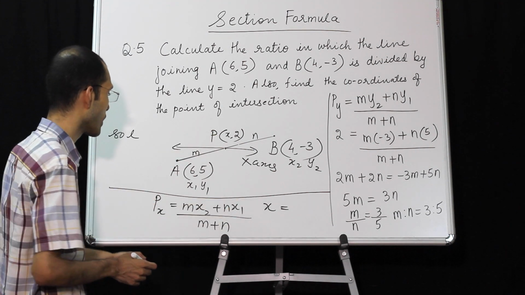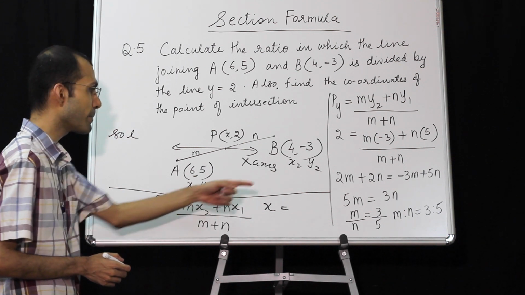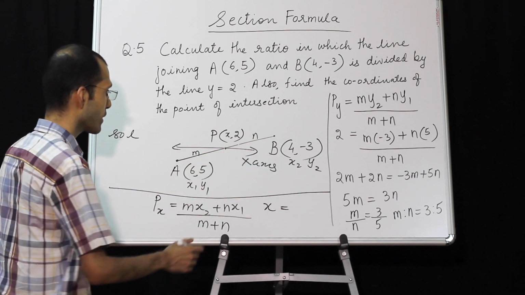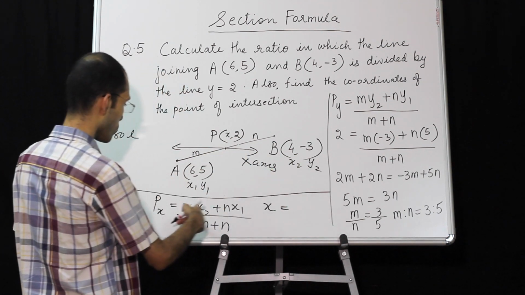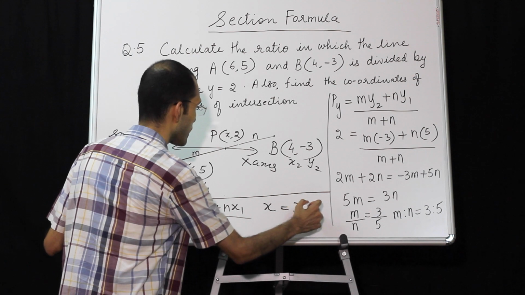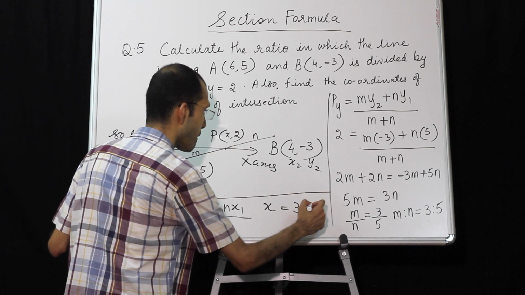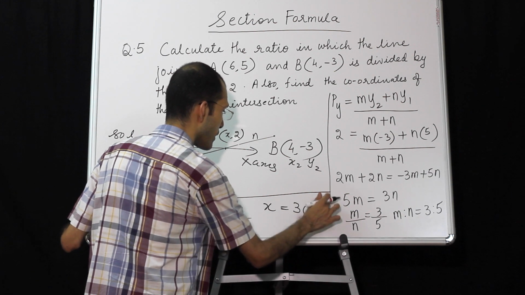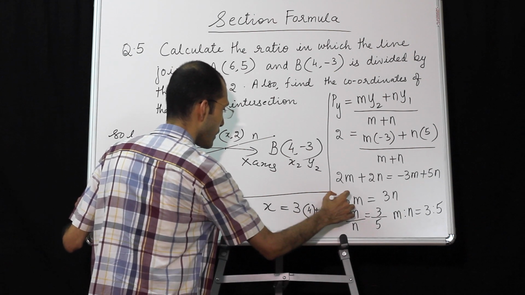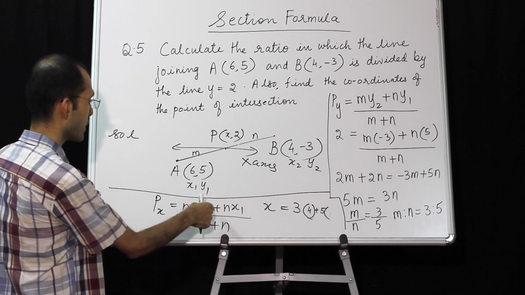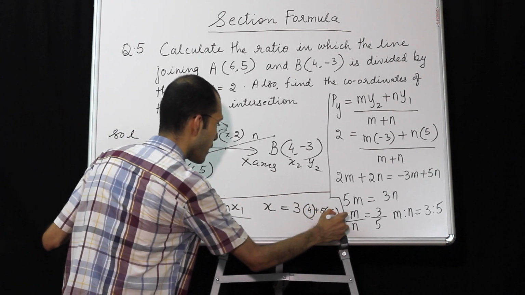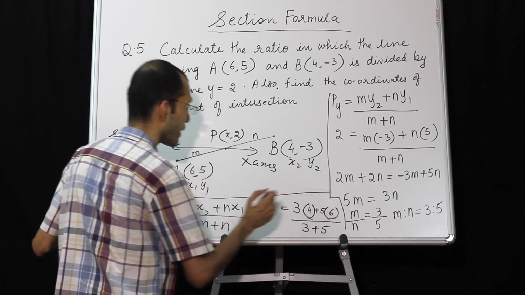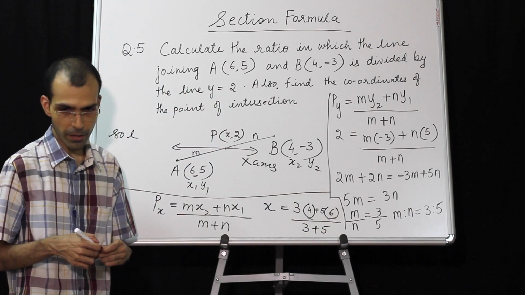So x equals m x2, and now we know m, since the ratio was initially unknown but now we know it. So that is 3 into 4 plus 5 into x1, upon 3 plus 5.